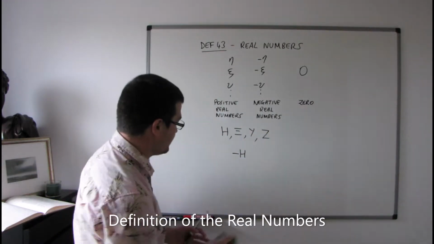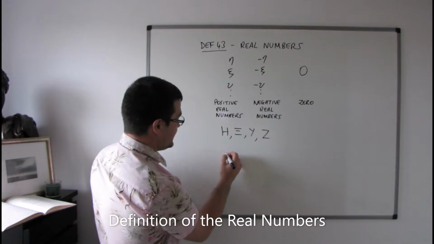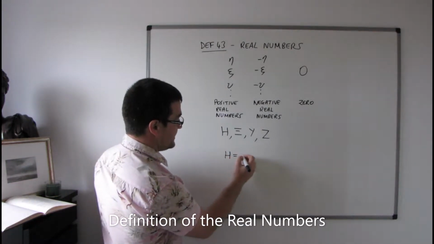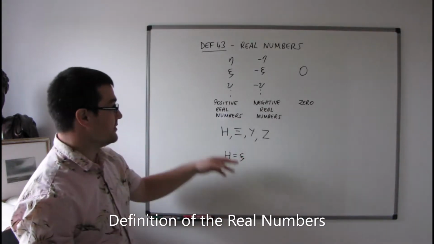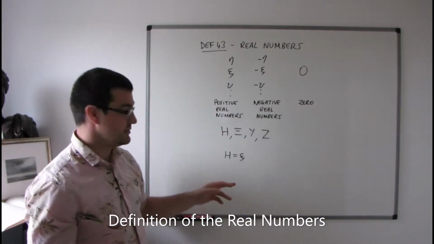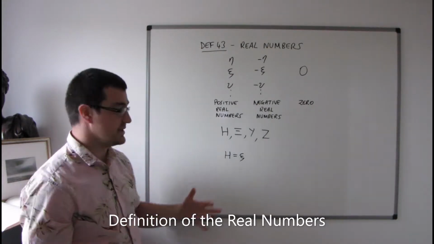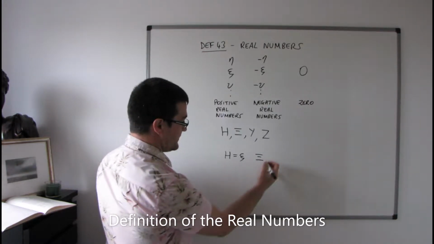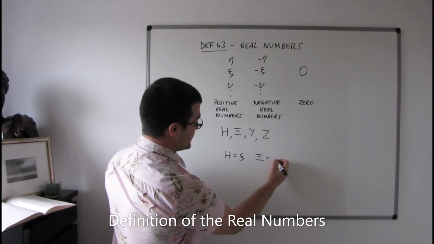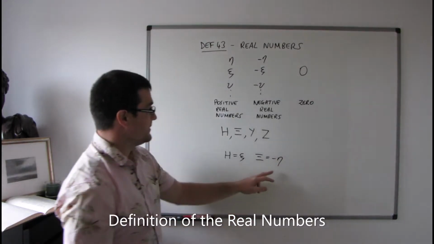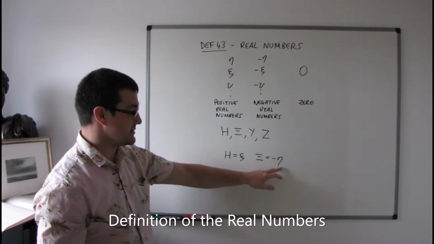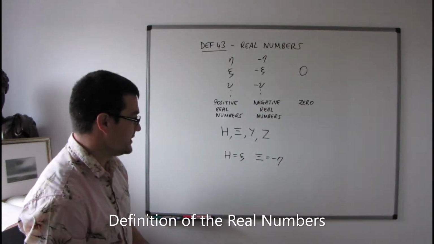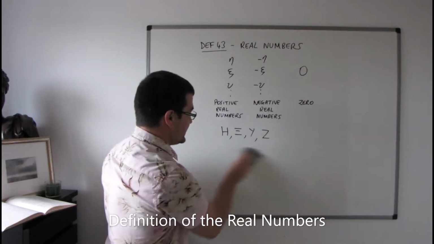However, if I know that eta is a positive real number, then I can say that it must be equal to some cut, and I can refer to it using a lowercase Greek symbol. Similarly, if I know that psi is negative, then I can say that this must be equal to some negative real number, so using minus eta in this case. So I've got to be really careful how I use this notation.